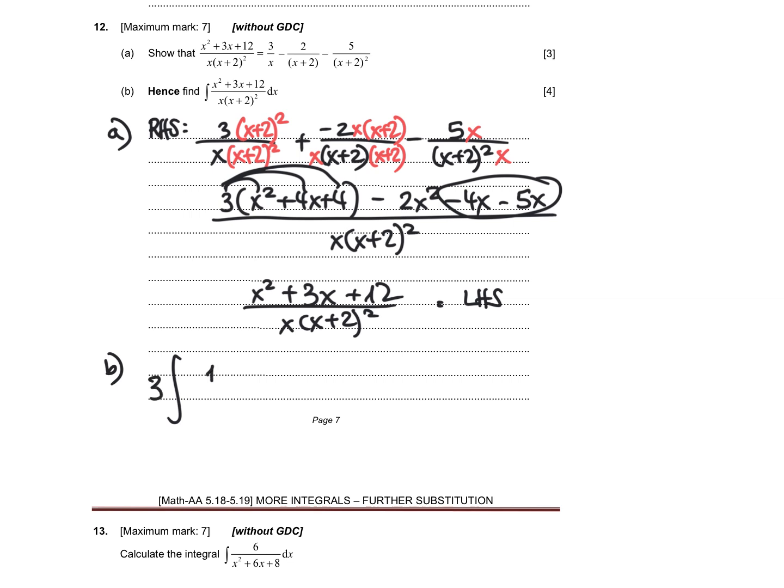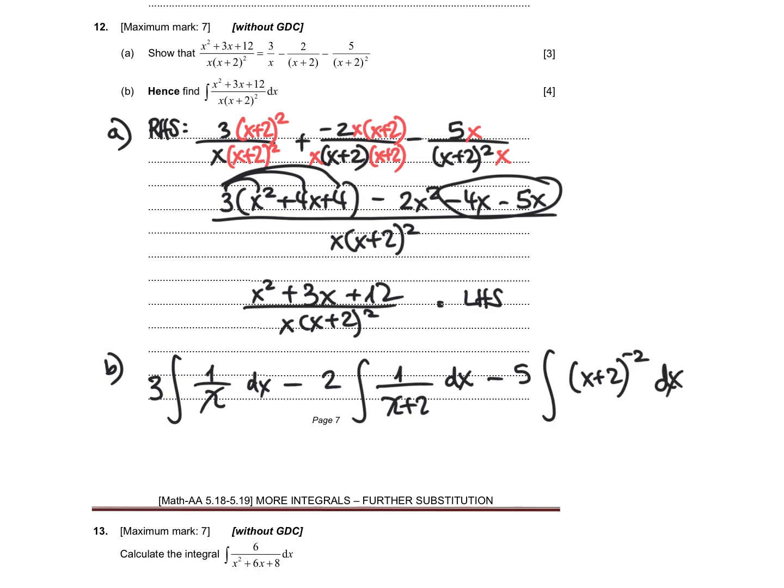So it's going to be 3 times the integral of 1 over x dx, minus 2 times the integral of 1 over x plus 2 dx, and then minus 5, and then that's going to be (x plus 2) to the negative 2 dx.